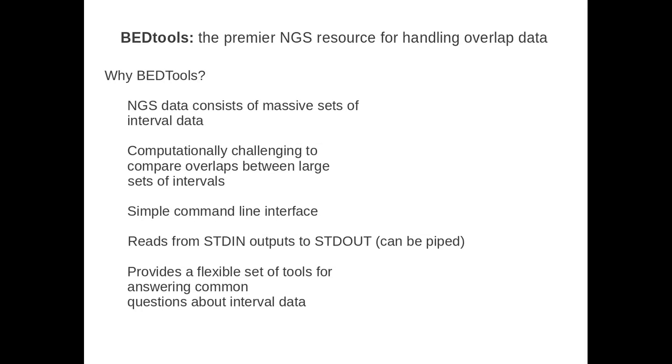There's also an R-based system for working with intervals called GRanges, or GRanges objects. These are another way in which, in the R statistical language, there's a system in place for conducting analysis of genome intervals.